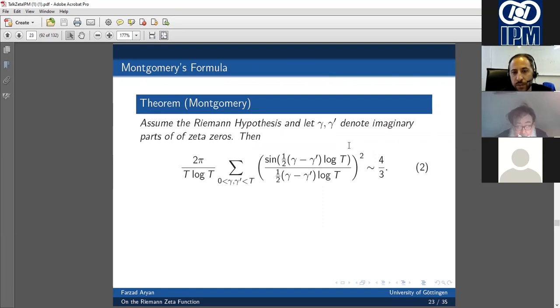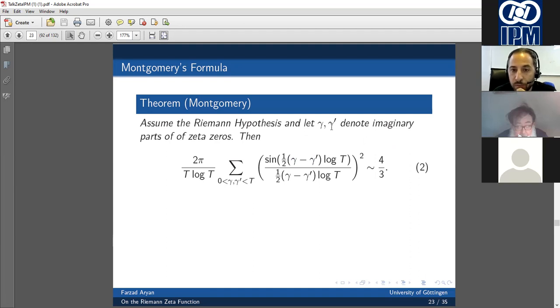Montgomery proved that if you assume the Riemann hypothesis, and let gamma and gamma prime denote imaginary parts of zeros of zeta, you take this sum, and it measures how close zeros can get to each other. If gamma minus gamma prime is small, you get a large value here, and if they're far apart, you get a small value. So this is a famous theorem of his, which is a special case of the theorem I showed before, my theorem.